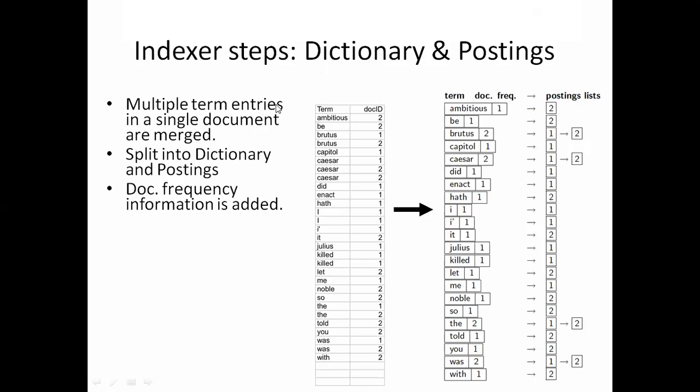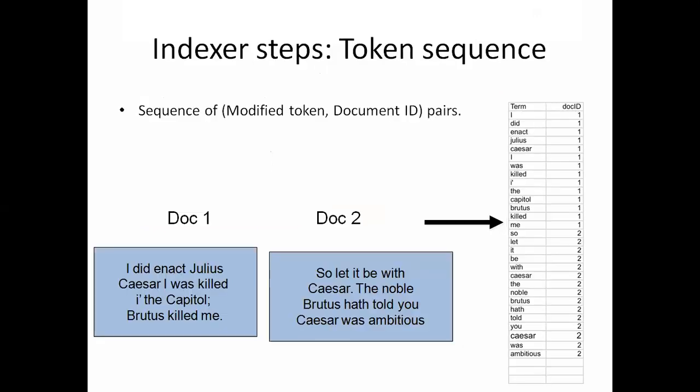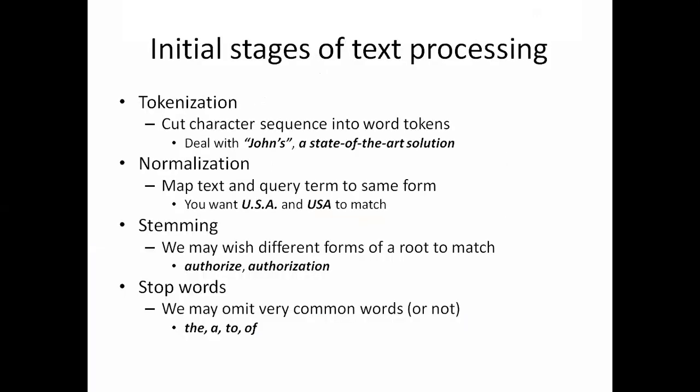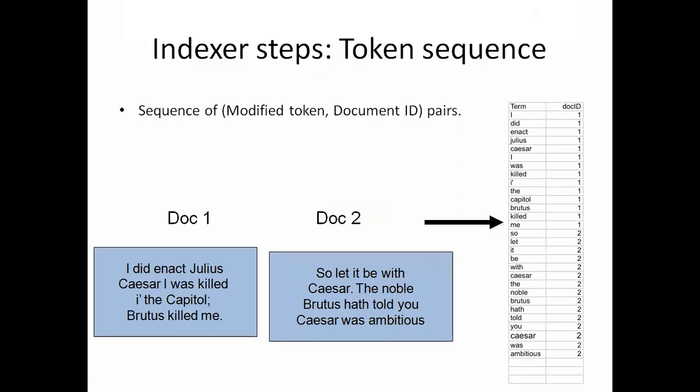Is this one clear to everyone? I am repeating this one. If anyone has any doubt, here term and document ID are there. I will repeat one by one. Initially there are two documents, document 1 and document 2. First we get the terms and document ID from document 1: I did enact Julius Caesar, I was killed.